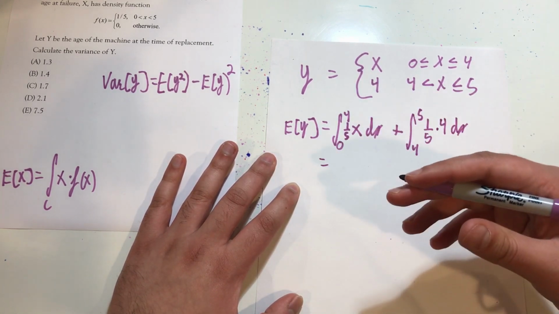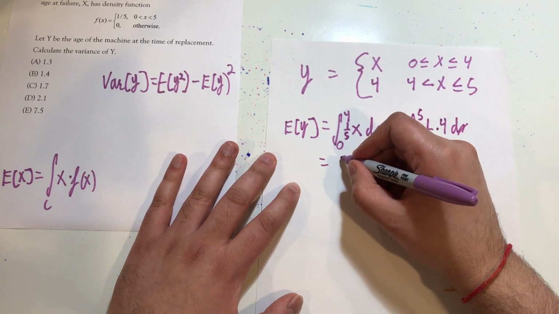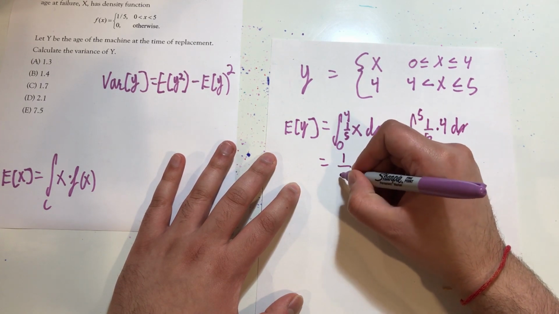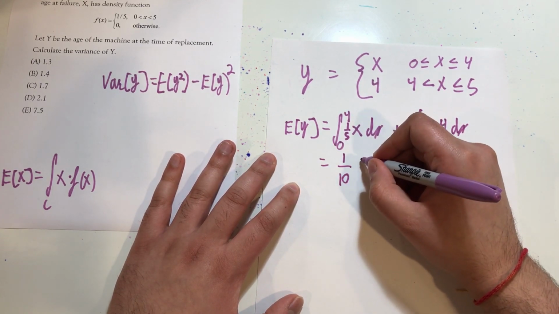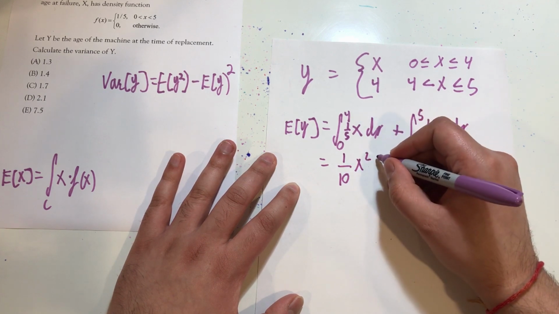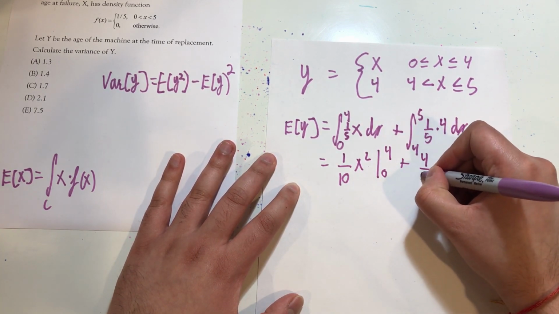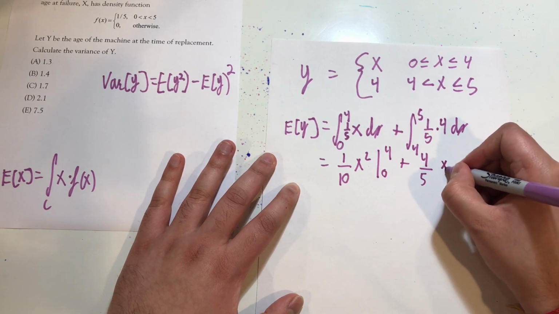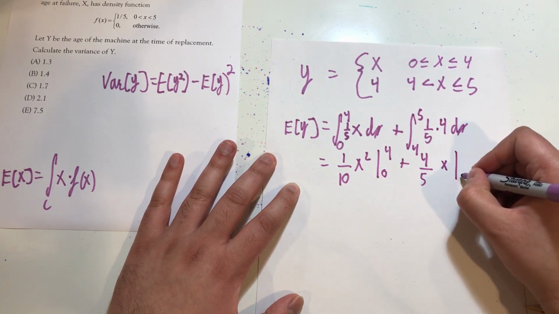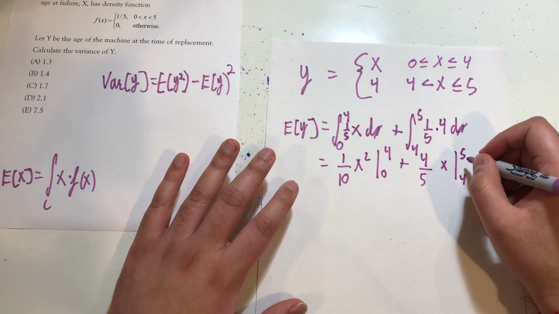I've already had this done out from the first time. This will become x squared over 10, evaluated from 0 to 4, plus 4 over 5 x, evaluated from 4 to 5.